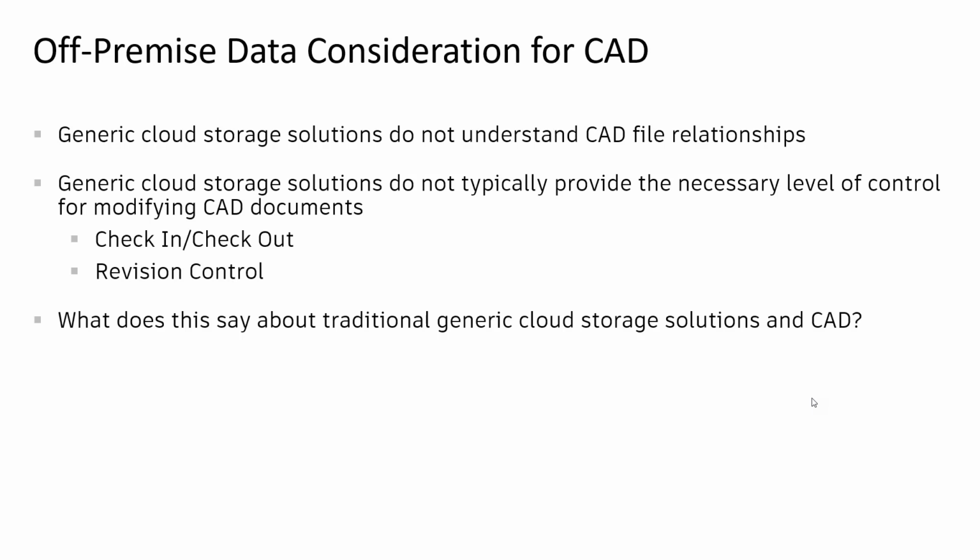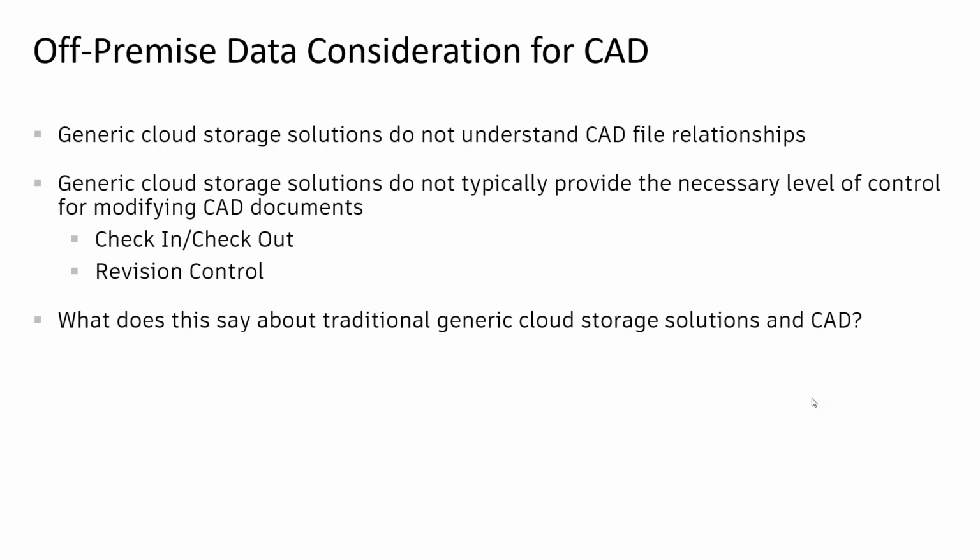But one of the bigger issues is these solutions usually don't offer the level of control you need over the files, say revision control. You might have some basic versioning, but there's a difference between version and revision when you're talking about editing engineering documents. And the ability to say lock a file for edit so that other people can't modify that file while you're working on it.